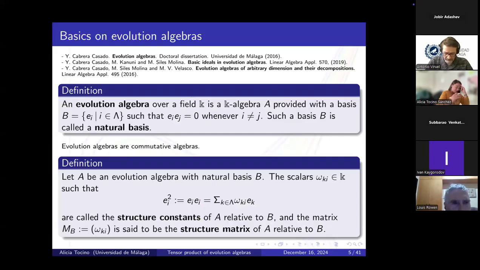It has many more applications in biology, in stochastic problems and so on, in geometry, in physics, a lot of things. Most of the properties and definitions that I'm going to use are in the doctoral dissertation of Yolanda Cabrera Casado, who did her PhD on evolution algebras.